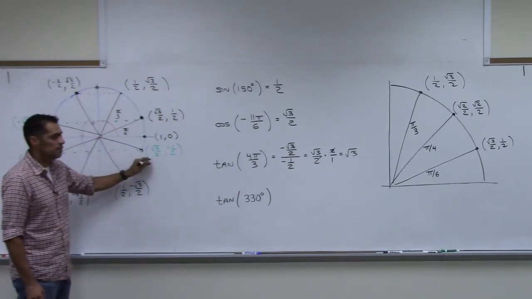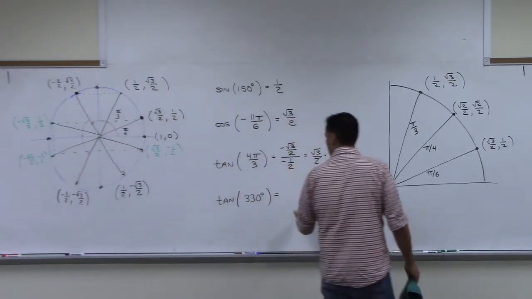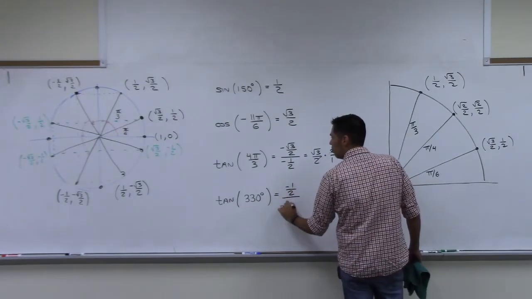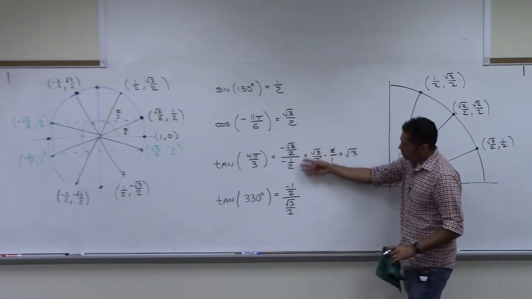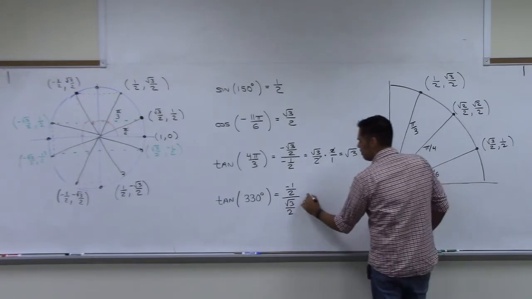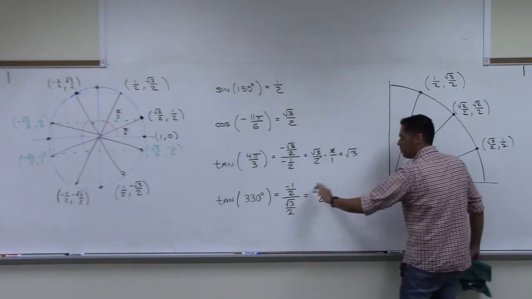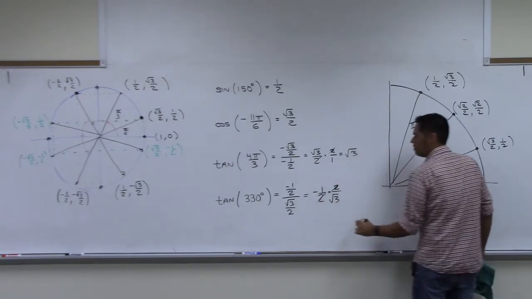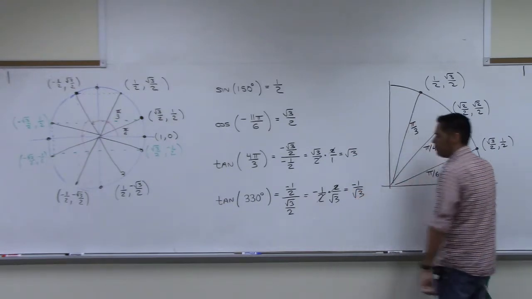I'm taking the y coordinate and dividing by the x, so negative 1/2 over root 3 over 2. Similar to this, but they're flipped over, and one of them's negative, one's not. So my answer should be negative. Negative 1/2, and I'm going to multiply by the reciprocal, so 2 over root 3. Cancel, cancel. So I get negative 1 over root 3.